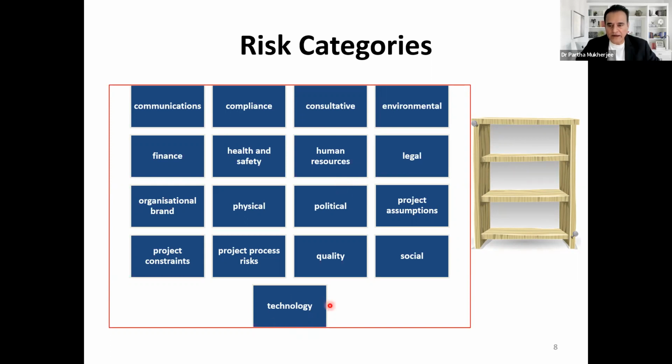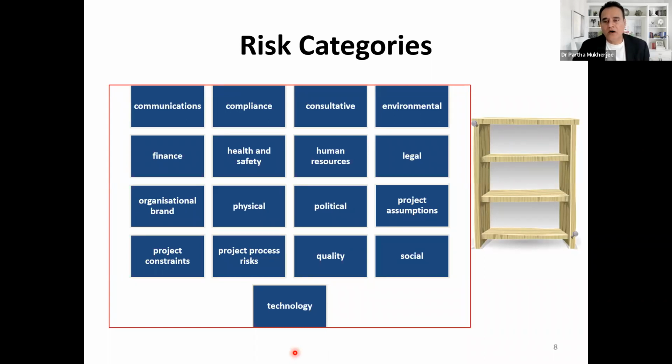Okay, for example, technology. If something will go wrong in the Zoom meeting, or in your data access, data processing, data storage, obviously you will put all those risks under technology, and you'll hire an IT person.